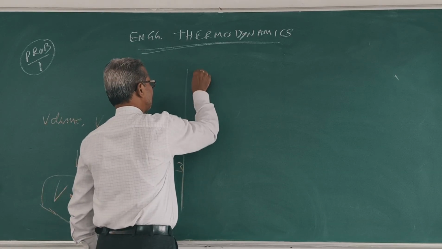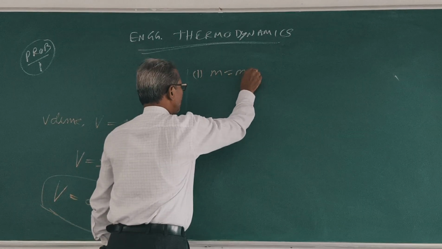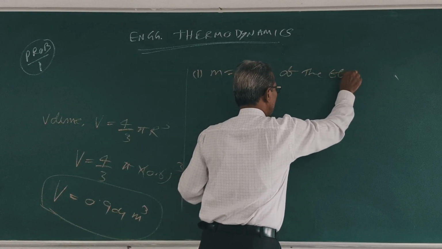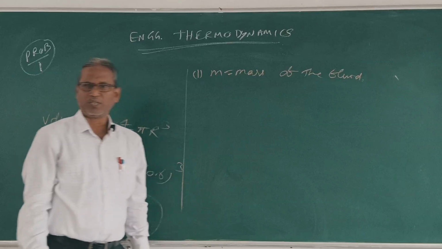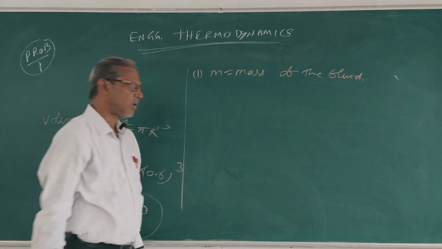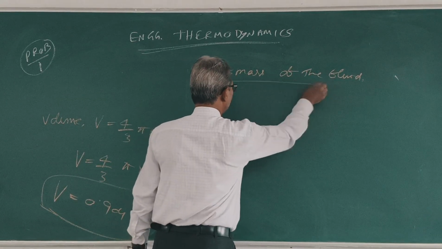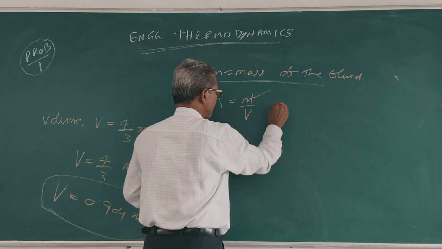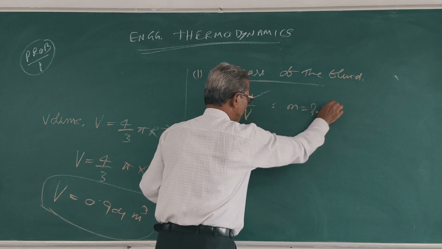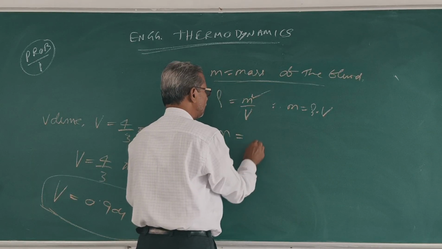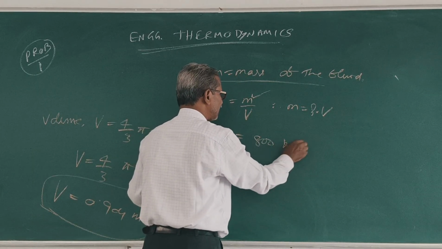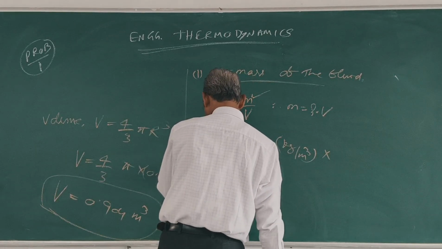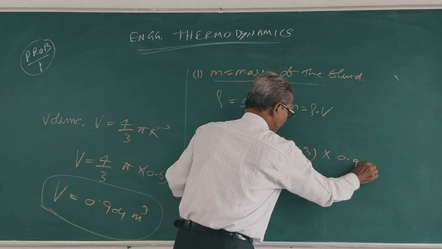Number 1, M is equal to mass of the fluid. What is mass? Rho is equal to M by V. Clear? M is equal to rho into V. Rho is 800 kg per meter cube, volume is 0.904 meter cube.